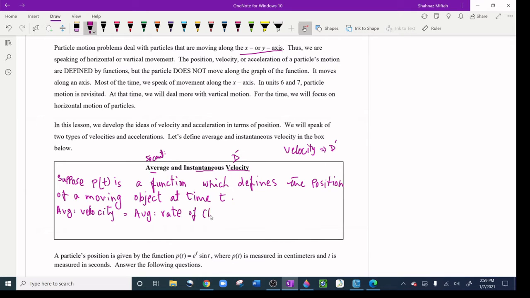You know that average rate of change means a secant slope. So the word average means that's secant slope. Now, how do we do this?